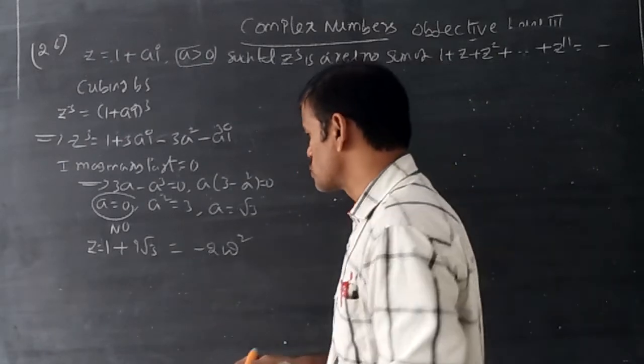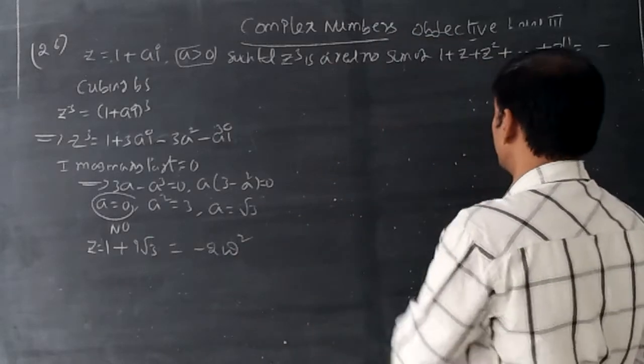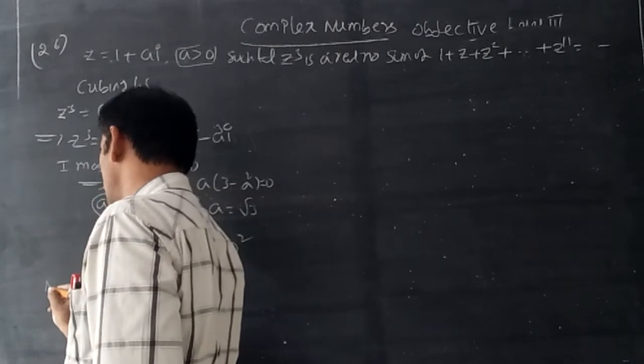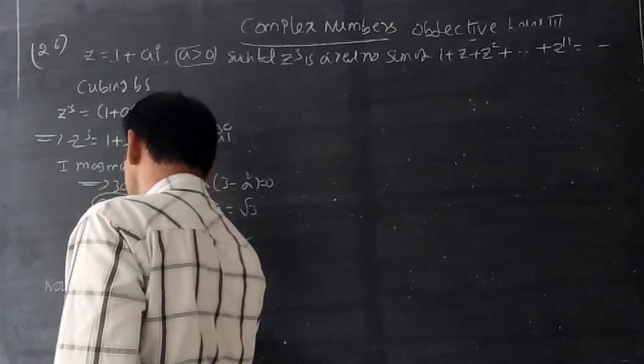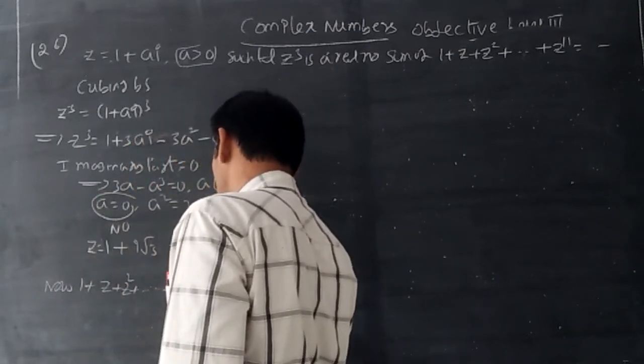Now with this we can write 1 plus z plus z square plus up to z power 11.